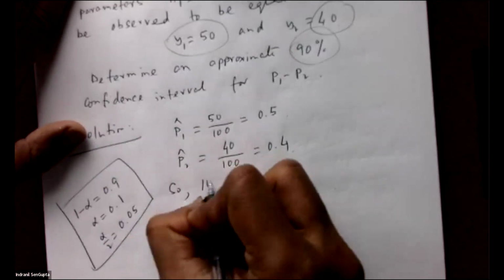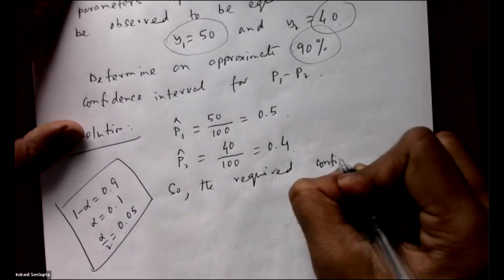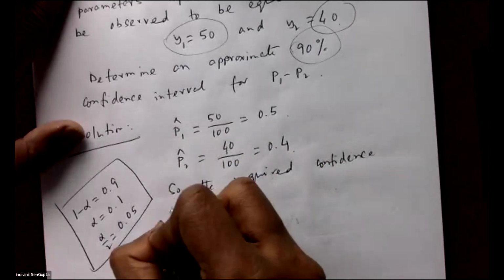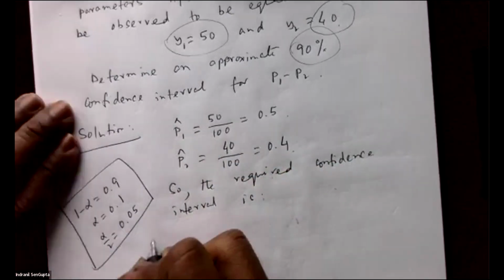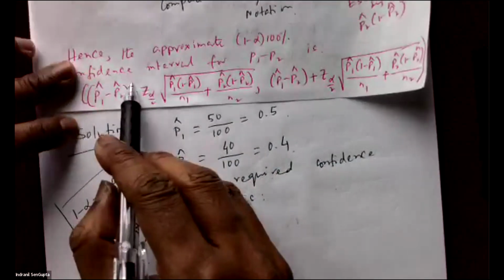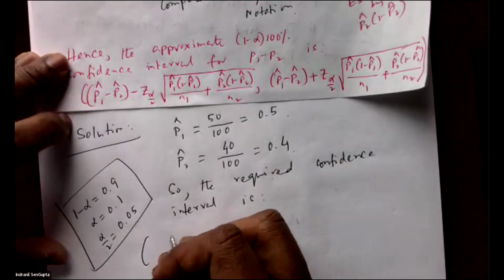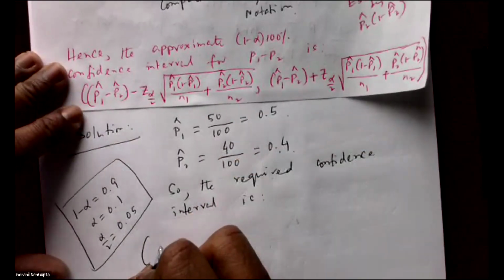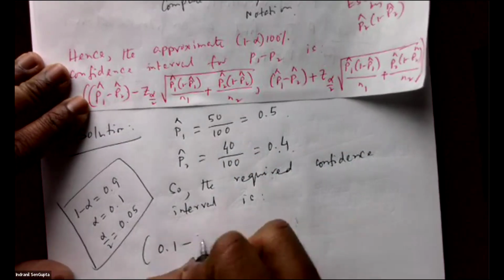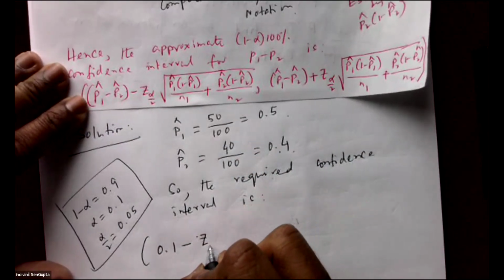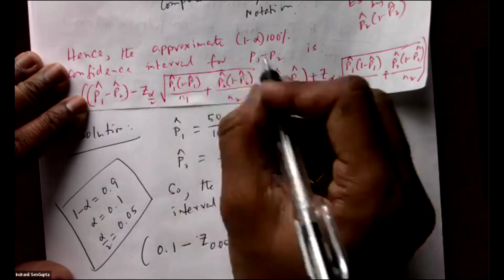So the required confidence interval is, if I just copy it from here, basically p1 hat minus p2 hat, which is 0.5 minus 0.4, which is 0.1, minus z of 0.05 times a quantity that you have to compute.